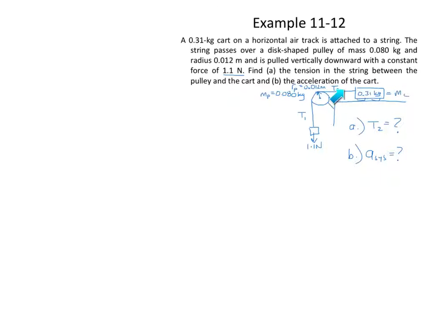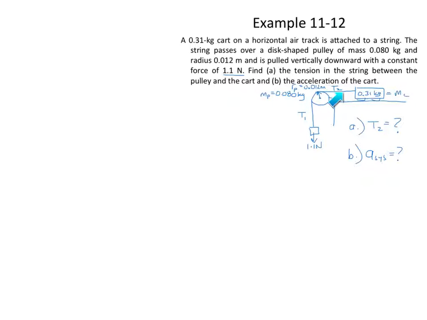Okay. So if we look at only this part of the Atwood machine, the tension and the mass of this cart right here, we can make a statement about just that part. If tension 2 is the only force that is causing that cart to move, then we can say that's the net force.